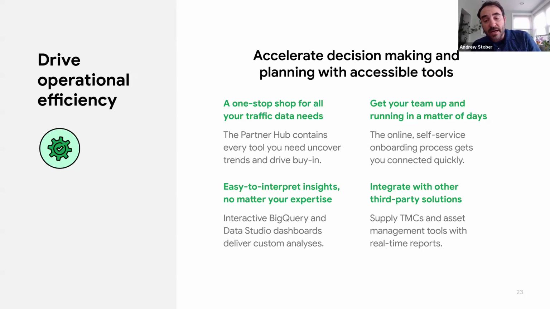There's no cost for any of this, and we integrate with third-party solutions at transportation management centers, and you can access that data through Google's BigQuery or Data Studio dashboards or transmit it into whatever cloud software you might be using at your own organization. And we have an integration with ArcGIS, so you can get a Waze layer right onto ArcGIS and see all of this information on your maps. Next slide, please.